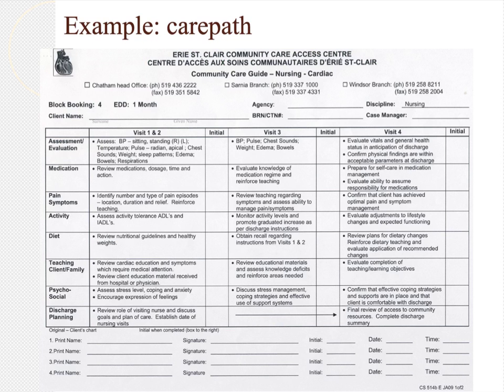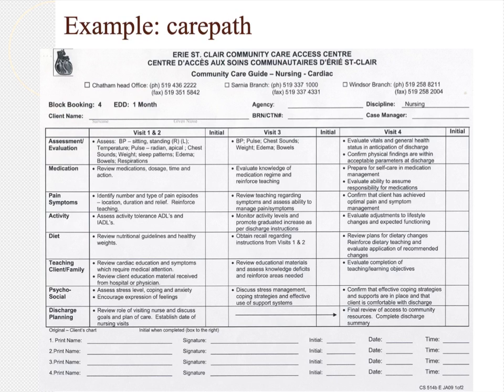So I'll let you have a closer look. This is a care path that the CCAC, or Community Care Access Center in Chatham, had used. It was for nursing visits to a client who had been in the hospital for cardiac issues and required some cardiac monitoring once they were home again.